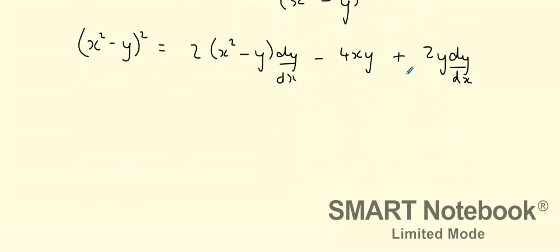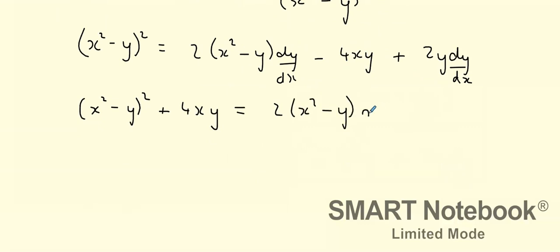Now, I need to factorize out dy by dx terms and take the non-dy by dx terms over to the other side. So x squared minus y squared plus 4xy equals 2x squared minus y dy by dx plus 2y dy by dx.